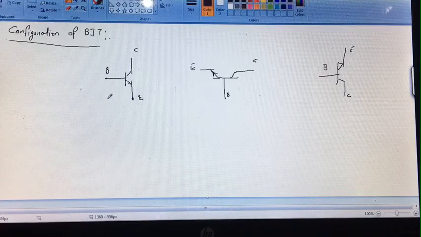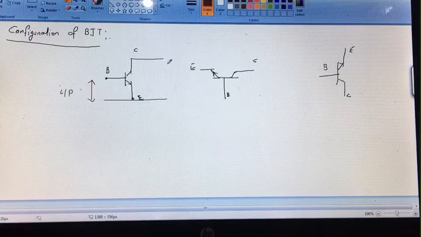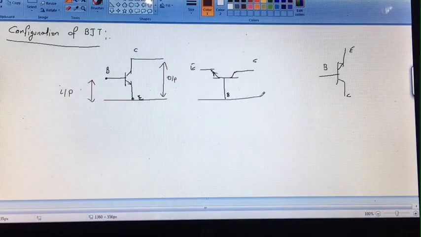So here we can use these two as input terminal and these two terminals as output terminal. Also these two terminals are also used as input terminal, and these two terminals can be used as output terminal.